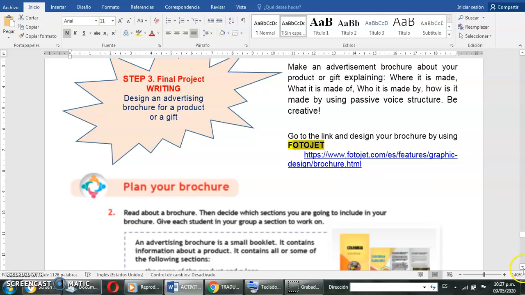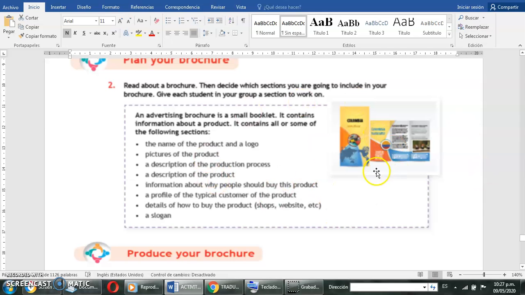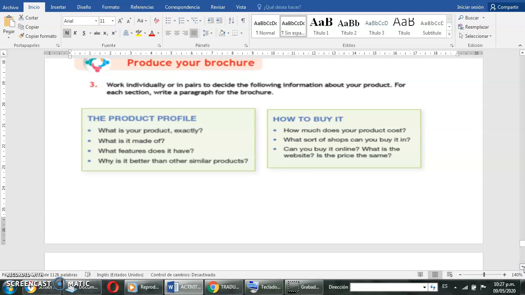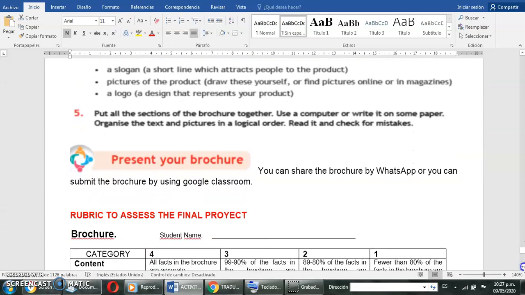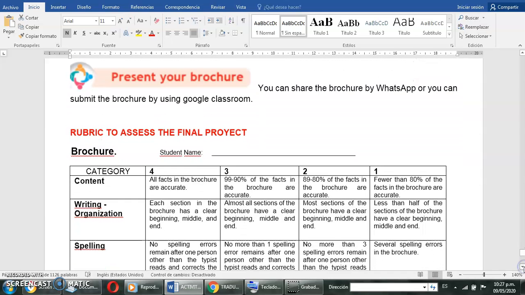Follow this link and follow the instruction there. Plan your brochure. You have to plan it, produce your brochure. Here I write some ideas that you can take into account and present your brochure. You can share the brochure by WhatsApp, or you can submit the brochure by using Google Classroom, whatever.